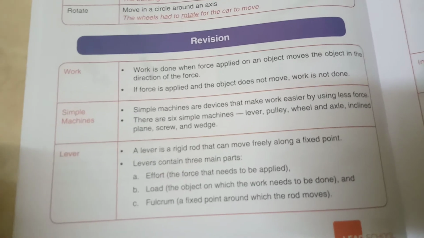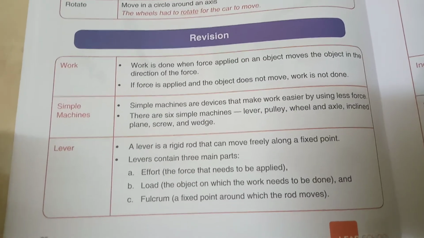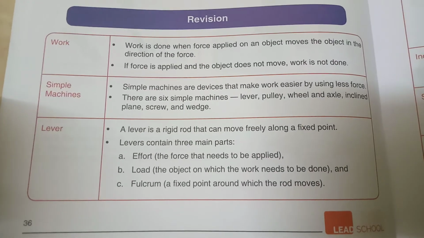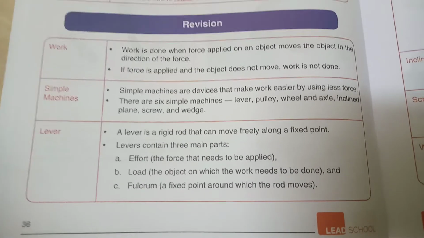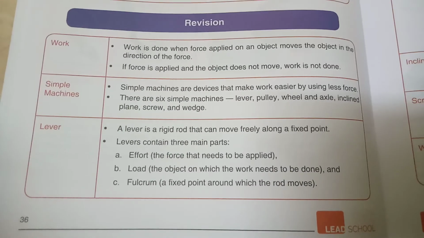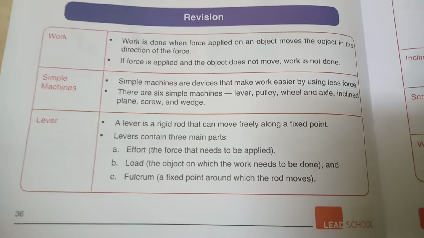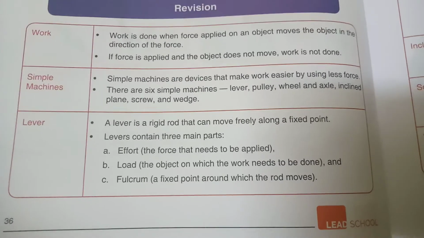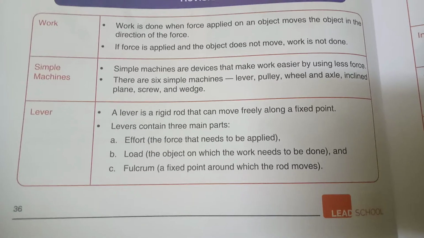There are 6 simple machines: lever, pulley, wheel and axle, inclined plane, screw and wedge. A lever is a rigid rod that can move freely around a fixed point. Levers contain 3 main parts: effort, the force that needs to be applied; load, the object on which the force needs to be applied; and fulcrum, a fixed point around which the rod moves.